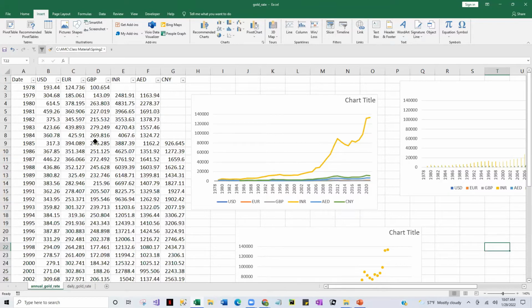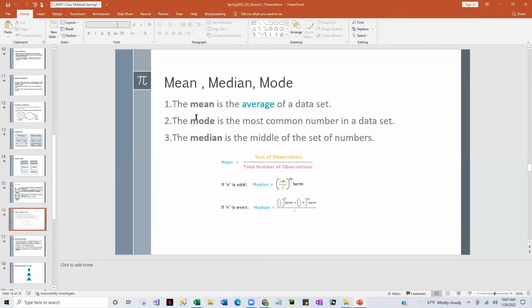So let's go back to our presentation and start with mean, median, and mode. Mean, you already said, is the sum of observations divided by the total count. Median is the middle value, and mode is the most common number in the data set.